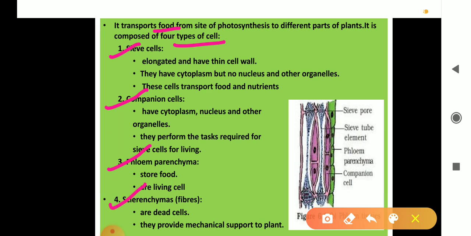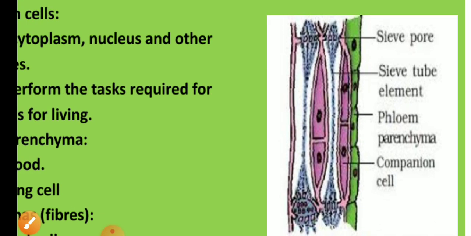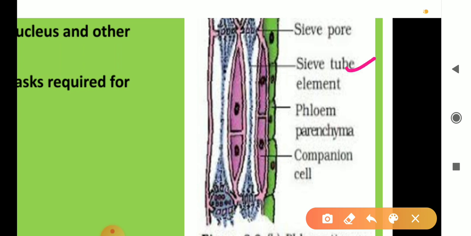Now see in the diagram also. Sieve pores. Now see, listen. The first is sieve tube element, sieve tube cells. Then second is companion cells. You can see this is a companion cell, and the middle one is that type of structure.